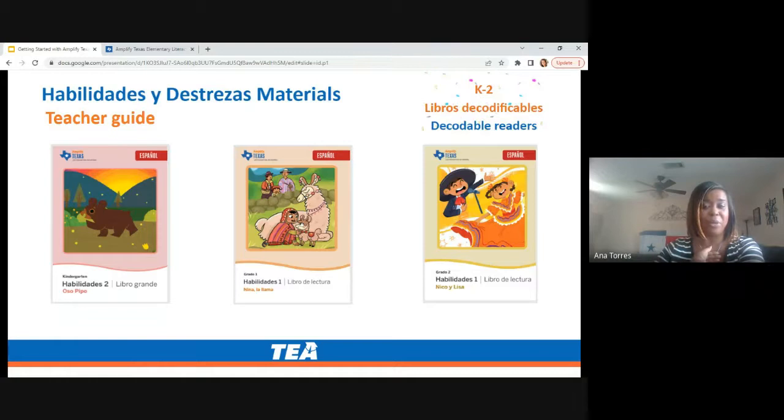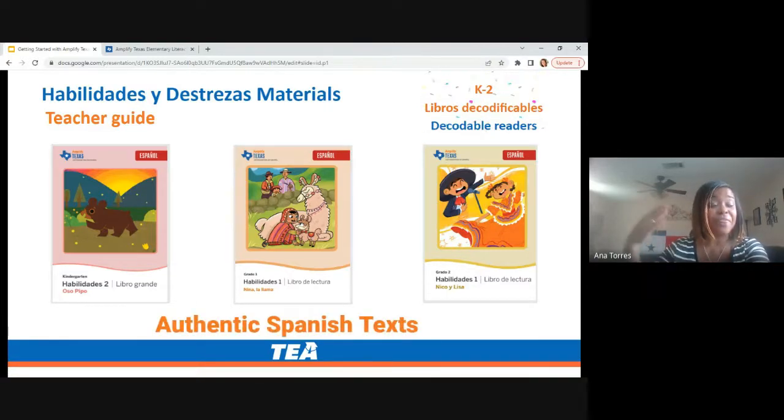Also want to make sure that we highlight the decodable readers, los libros decodificables for K-2. Want to make sure that you know that they are authentic to Spanish, have engaging illustrations and storylines, decode the sounds of focus, and also include representation of many Spanish-speaking cultures, in addition to a diverse cast of characters and settings.